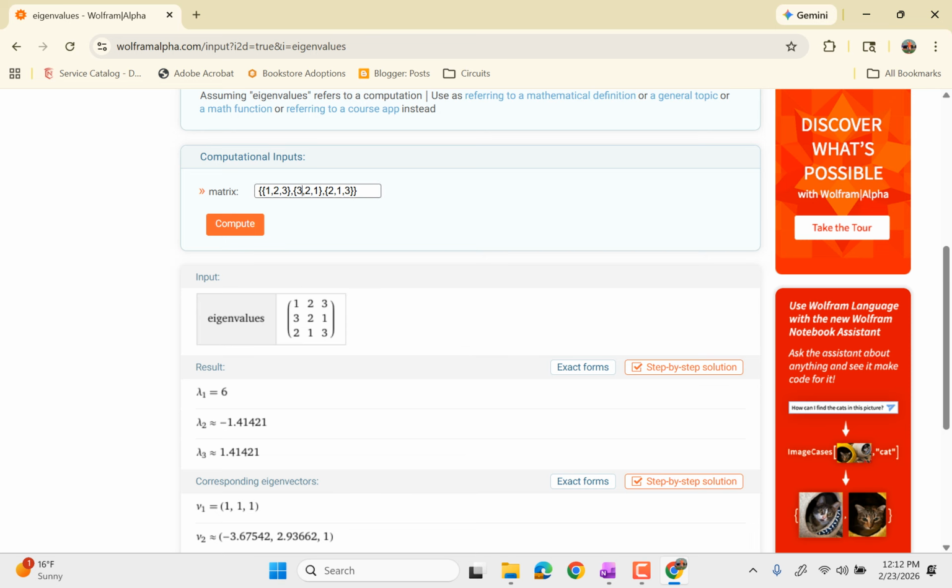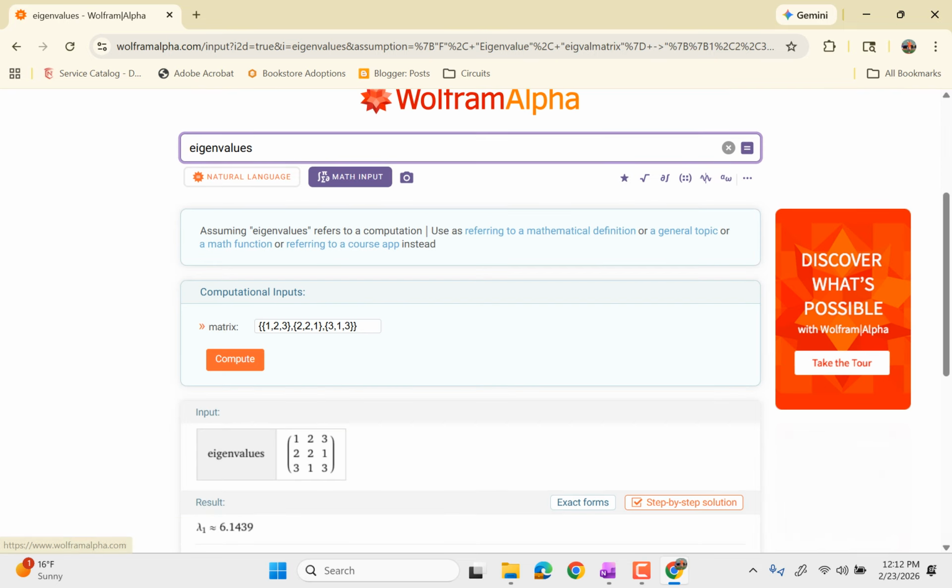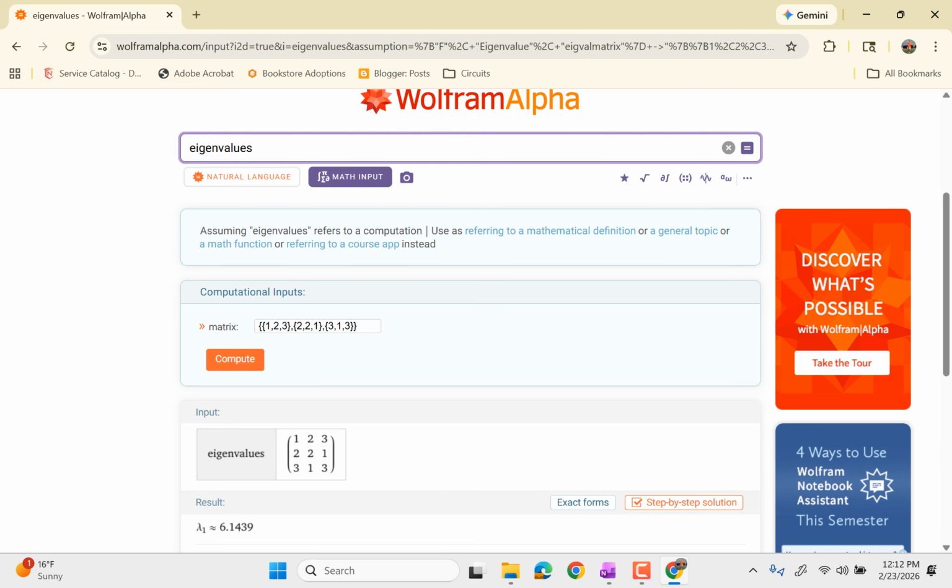So 2, 2, 1, and then this needs to be 3, 1. I think that's symmetric now. Compute.